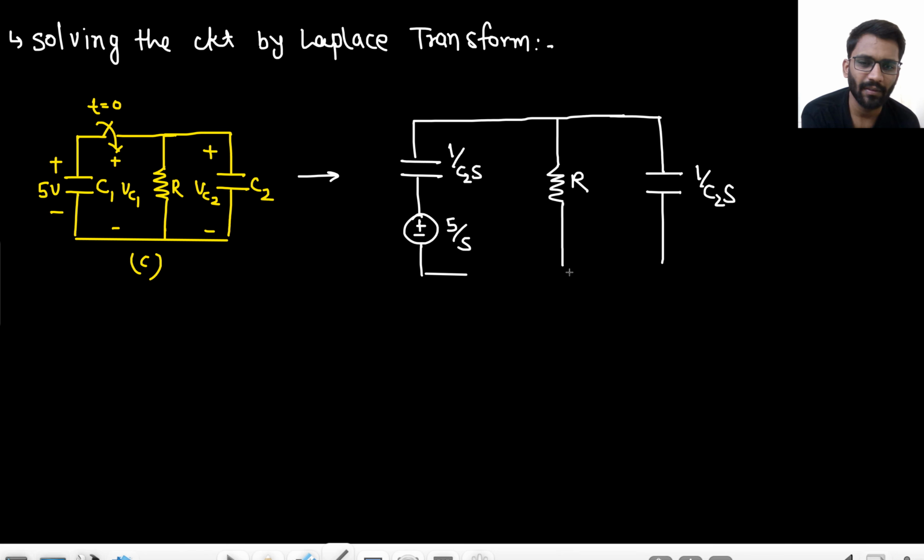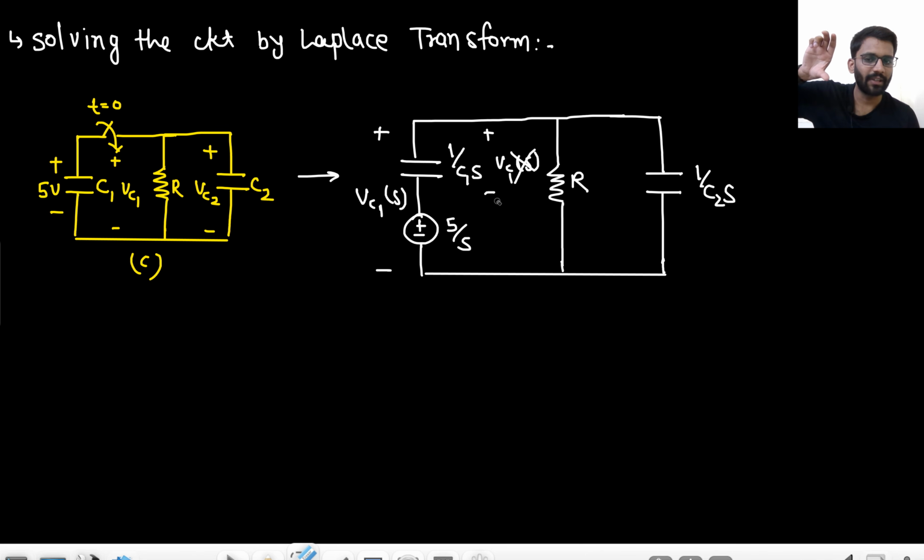This will be your VC1(S). Okay, this will not be your VC1, I should write. So this will not be VC1(S). VC1(S) will be the complete one, because with the battery, this is also a part of it.